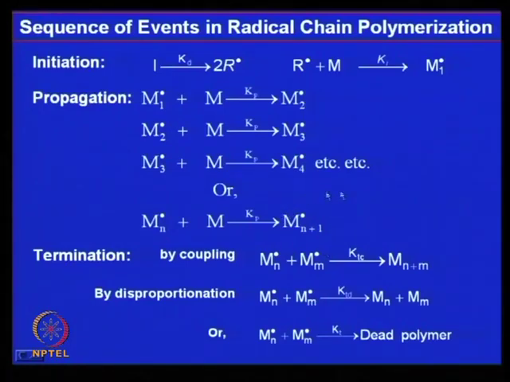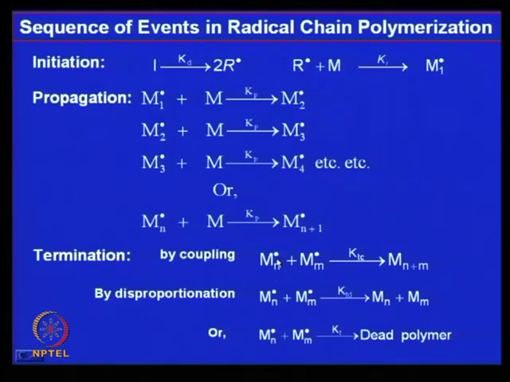Now, in order to kill these growing polymer chains, their growth needs to be terminated. That termination occurs in two ways. Now, in the system there are many growing chain radicals. Okay. This is one growing chain radical represented by Mn dot, meaning n monomer molecules are in the chain, and n may be 5000.